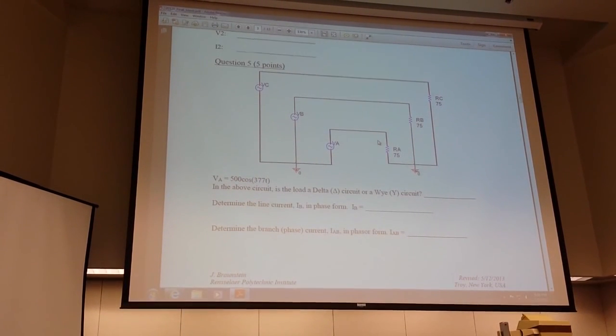And this is a Y-type connection. Ultimately, we can treat it as single phase lines and apply Ohm's law. Our resistive load is 75 ohms with a Y-type load. We know the phase voltage is 500 angle minus 120, so the line current is 500 angle minus 120 over 75, which is some number, 6 and change or something like that. In that case, the branch current in phasor form can be gotten how? Well, that's the square root of 3 relationship and the angle 30 degrees.